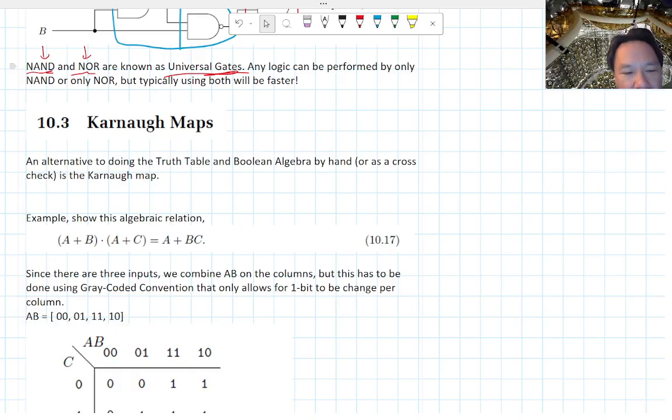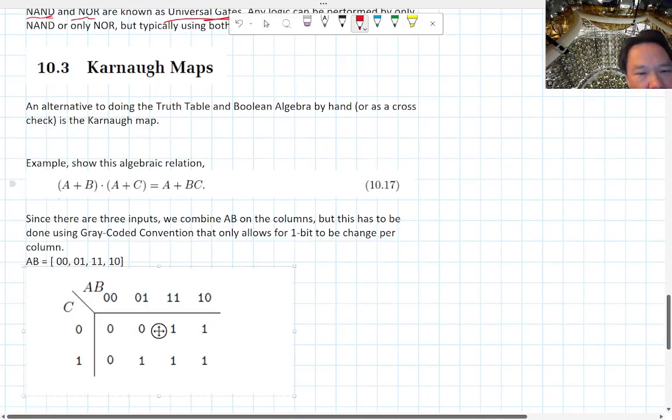This gets a little bit out of control, and the Karnaugh map gives you a better handle on the truth table. It gives you some algebraic relationship by just looking at patterns on this Karnaugh map.